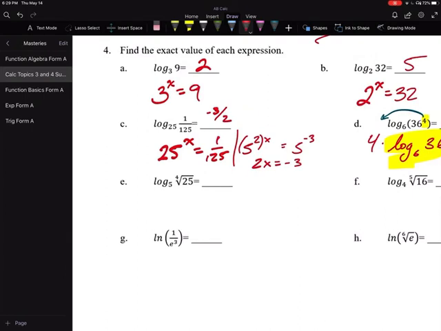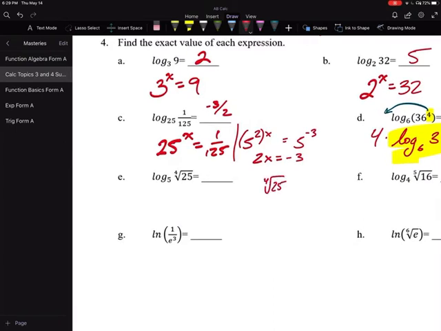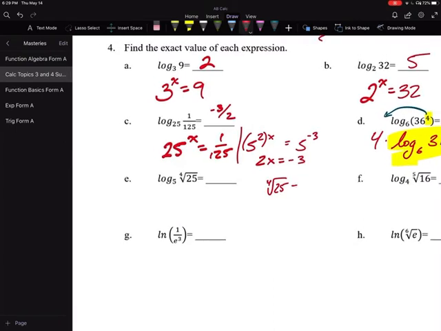Letter E, I have log base 5 of the 4th root of 25. Now, if we remember, the 4th root of 25, this is what we just practiced in the earlier examples, is the same thing as 25 to the 1/4. Because if I want to rewrite radical notation in exponential form, I can write it as an exponent, and it's going to be a 1/4. That would be the same thing as having another exponent inside the logarithm, which means I could pull it out front.